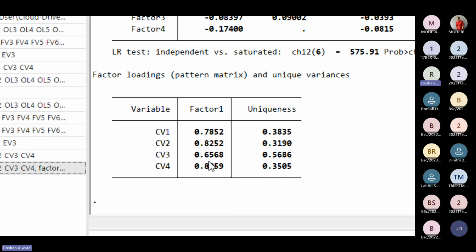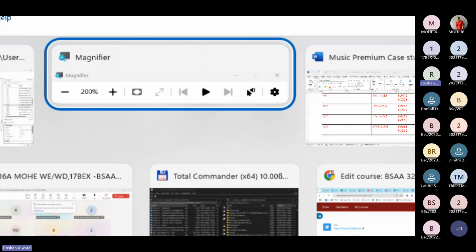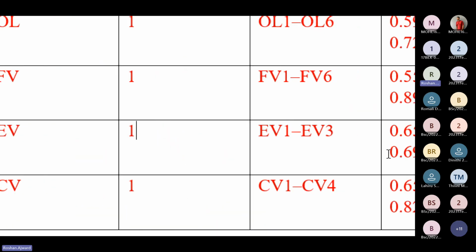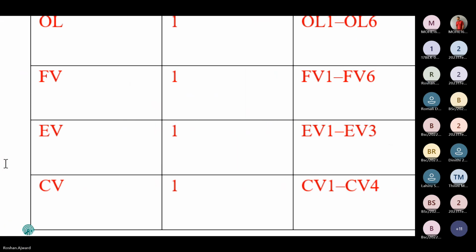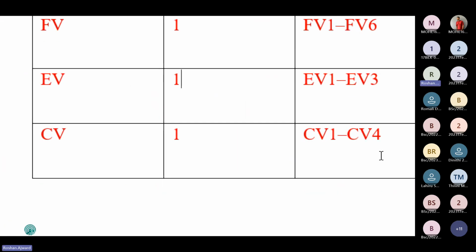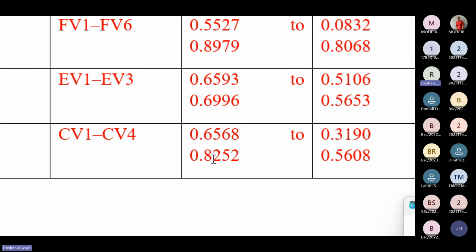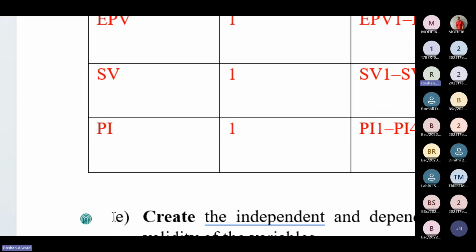So you can report that CV1 to CV4 also has construct validity. It has 1. So do the same for EPV, SV, and PI.